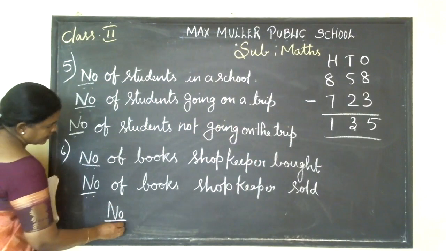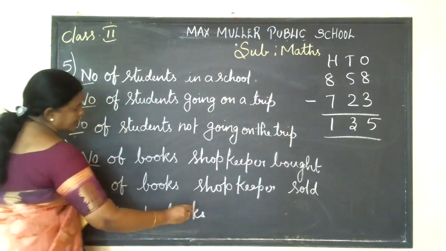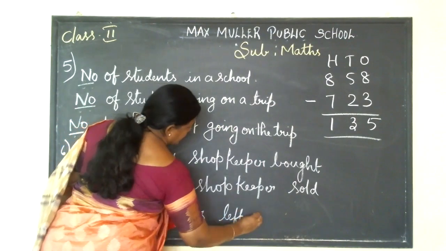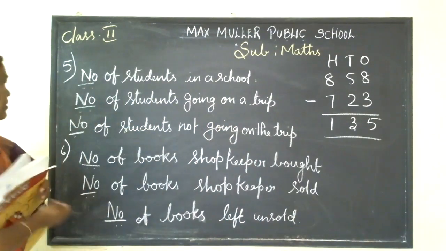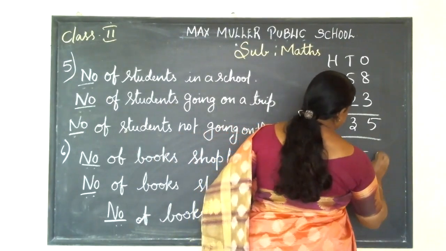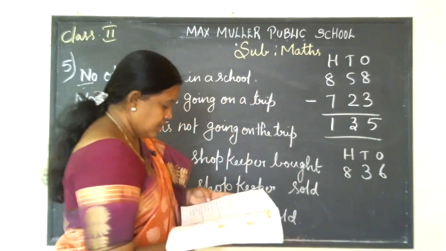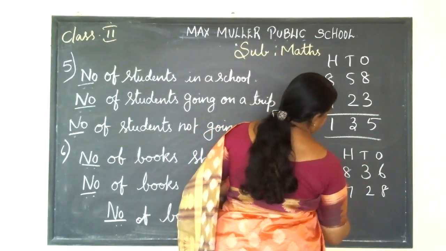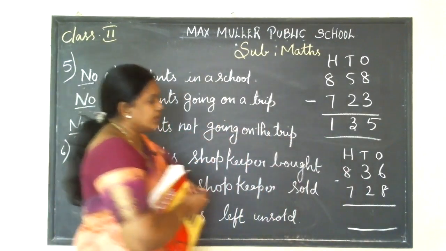Number of books the shopkeeper bought, 836 books. How many he sold? He sold 728 books. Now you have to find the number of books left unsold.